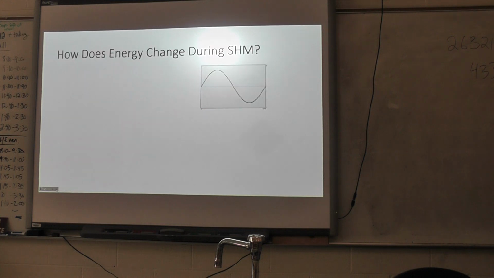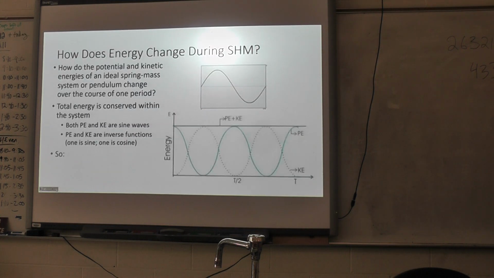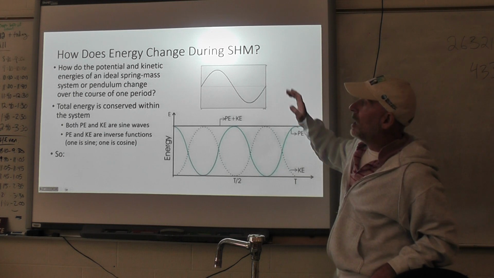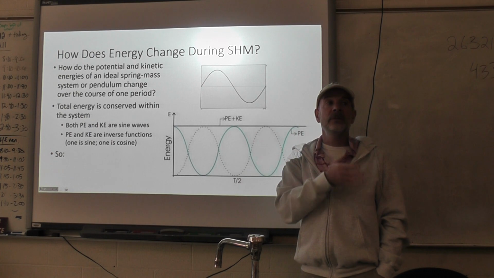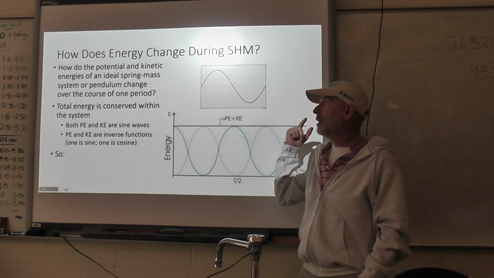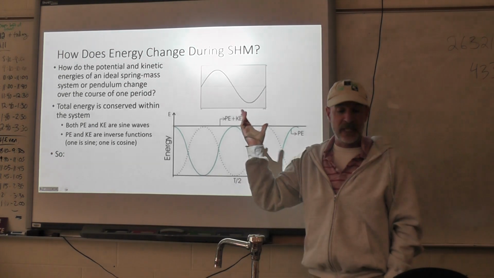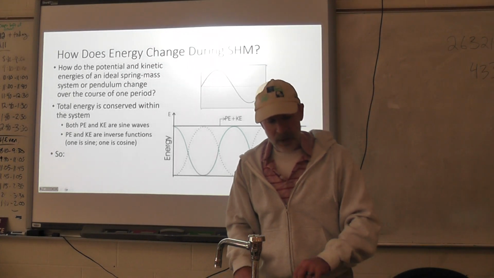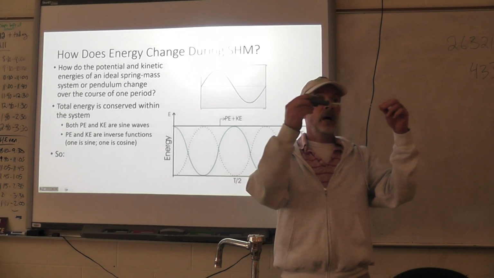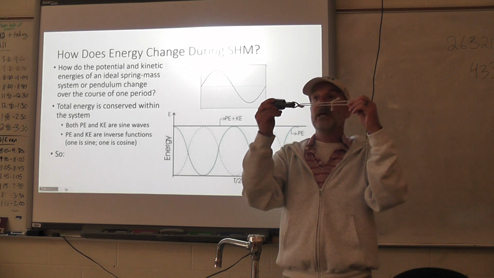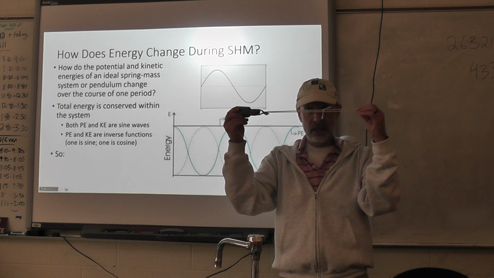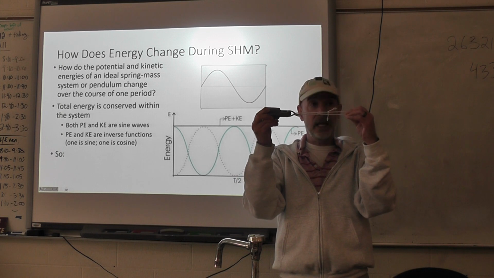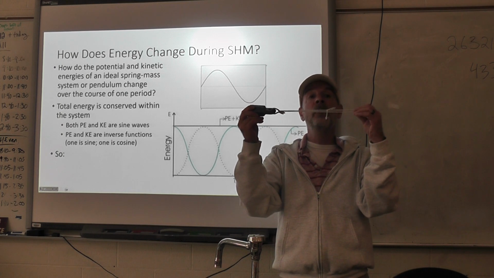One thing that I want to mention that we're not going to go into a lot of detail about because we don't have time, but if we think about energy, you have all the tools you need to think about energy for the systems that we've looked at. For horizontal spring mass systems, there is either elastic potential energy or kinetic energy or both.